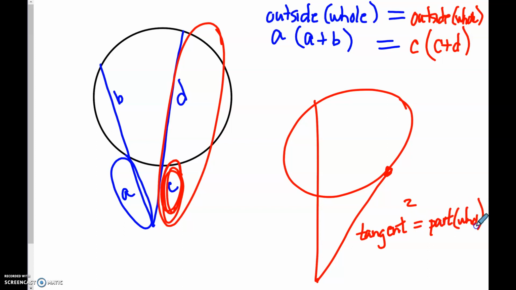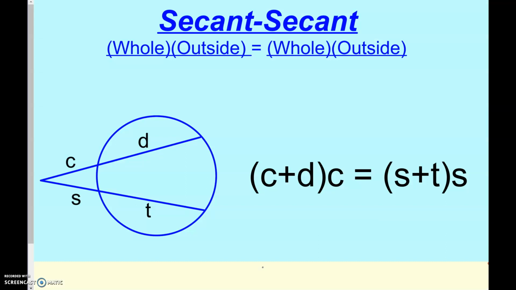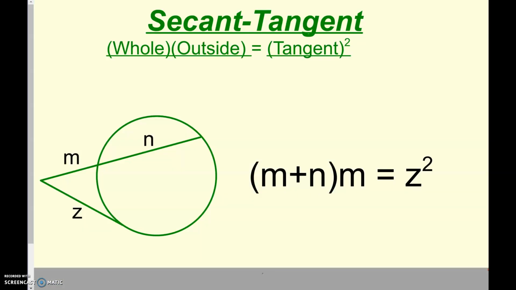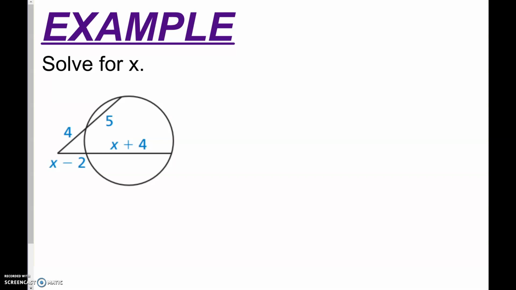Okay, so whether you have two secants or a tangent and a secant, it's going to be the outside times the whole. All right, so here's how they have it written out here, and they do whole times outside and whole times outside. So the same thing I just went over. And then in here, when we have a secant and a tangent, it's z squared equals the outside part times the whole thing.